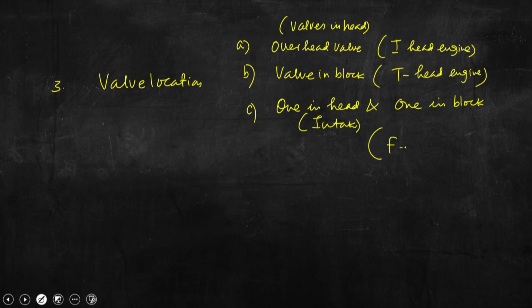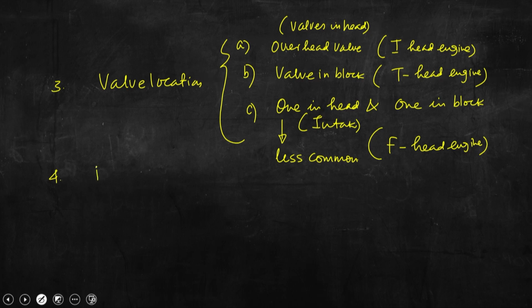This is called the F head engine, but this particular type is not very common, while the first two are very common, the last one is less common. So, this classification is based on the valve location. What next? Then is basic design.